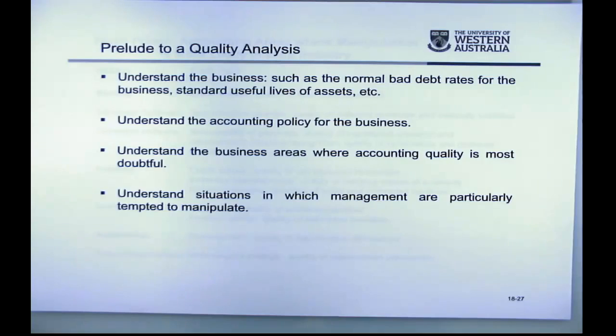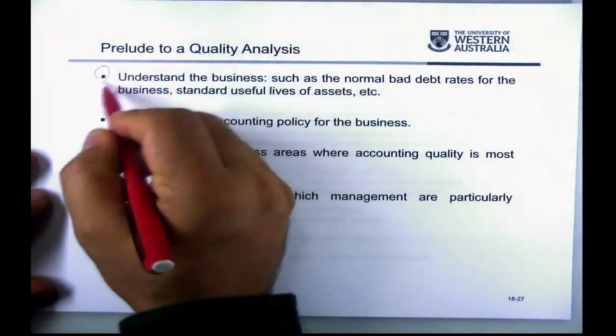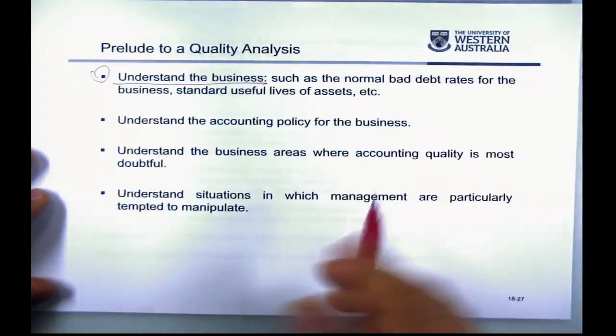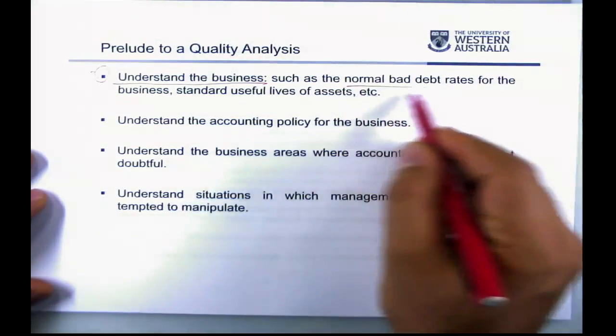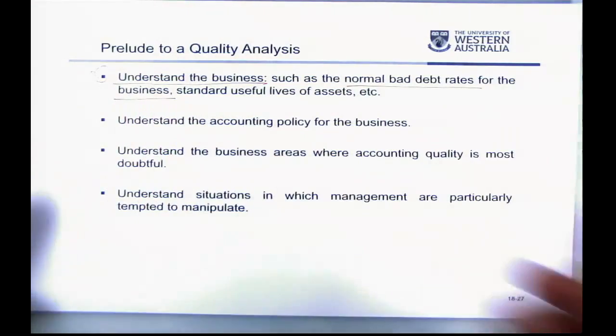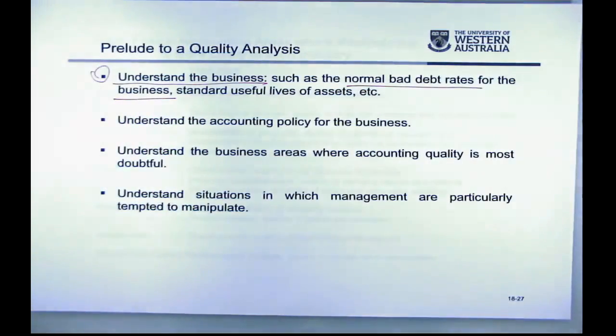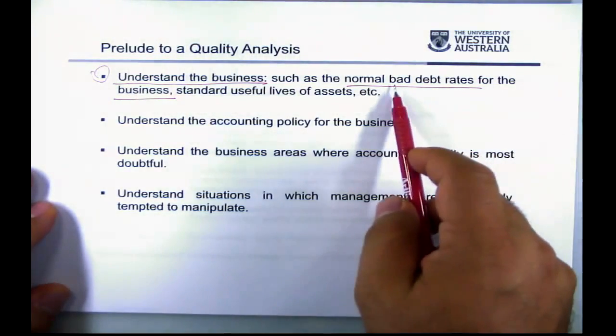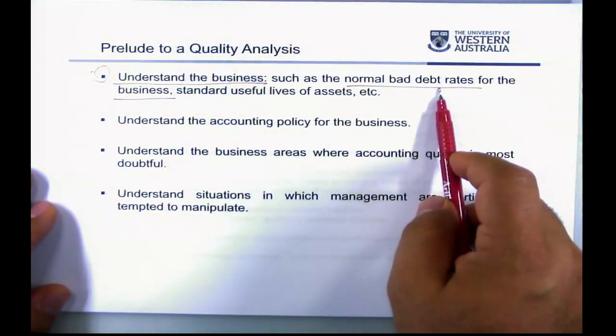So when you evaluate the quality of the financial statements, make sure that you understand the business. This is the first step. Always compare the items that could be manipulated with peers in the same industry. For example, look at the allowance for bad debt.